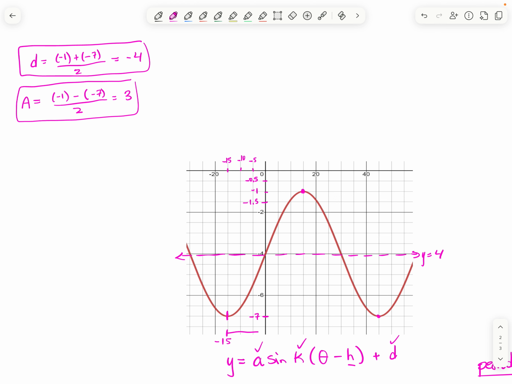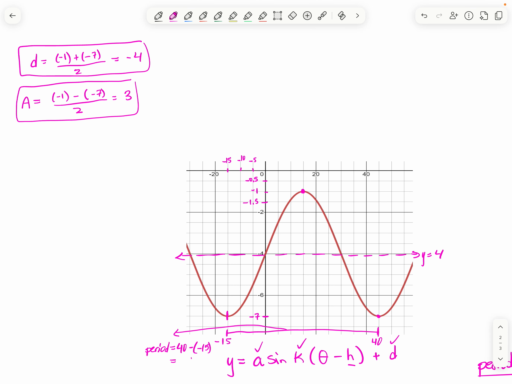And then this minimum again occurs at 40, right? So from negative 15 to 40, that period right there, the period is equal to 40 minus negative 15, so that's going to be 55.